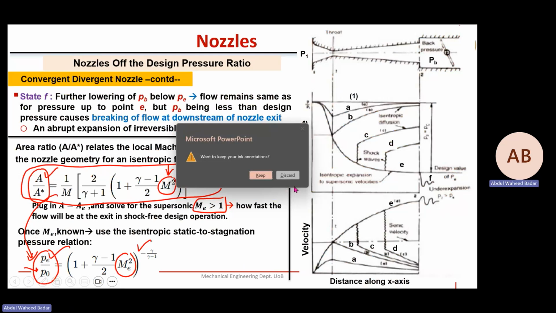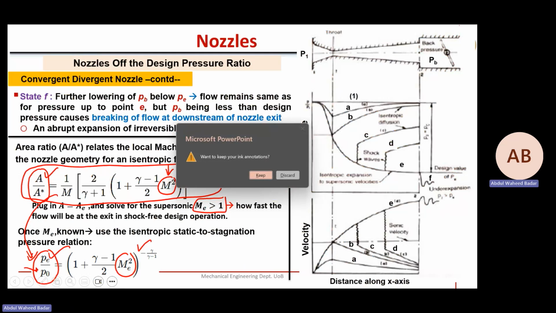So the first one is telling us the areas to achieve that Mach number. Now, this Mach number is known. What should be the pressure ratio to not have a shock? So one of the pressures is given, so what should be the other one?